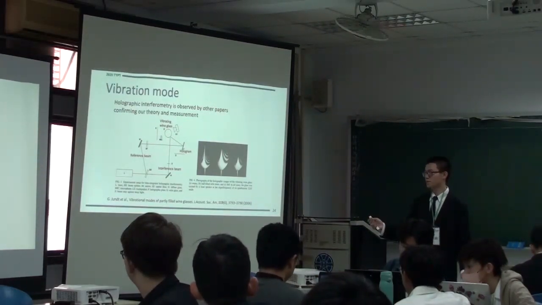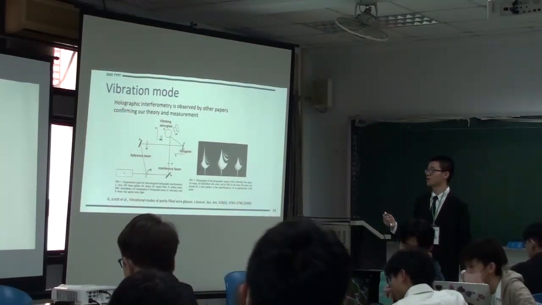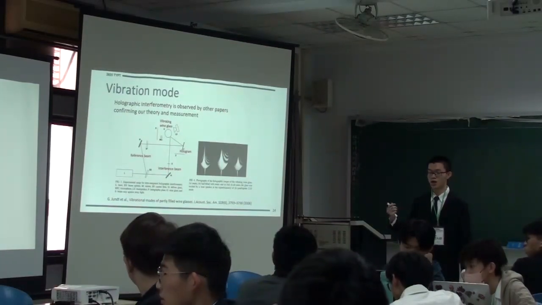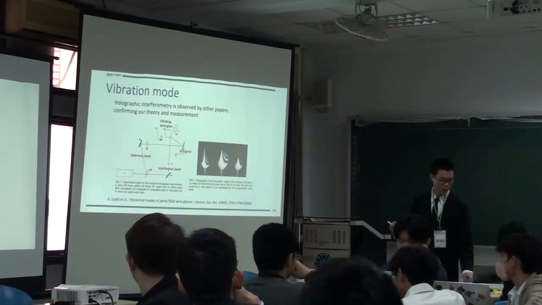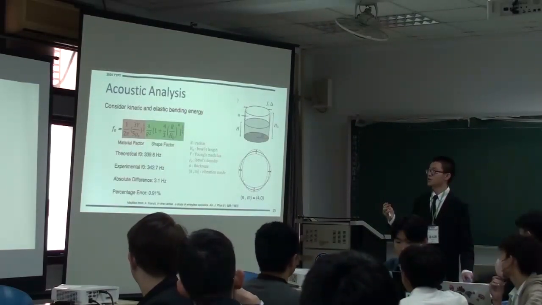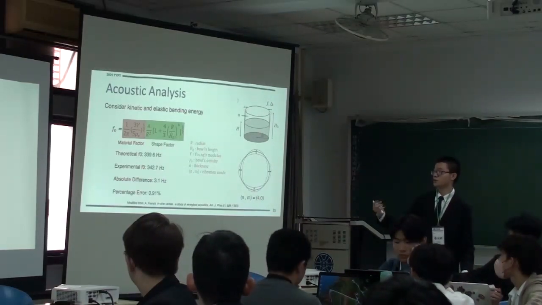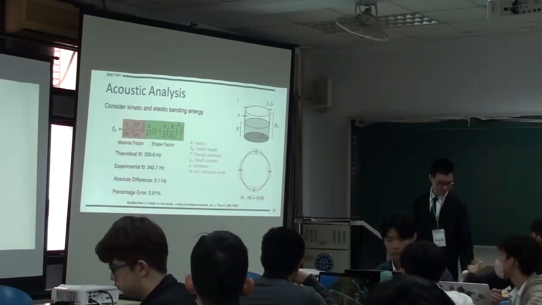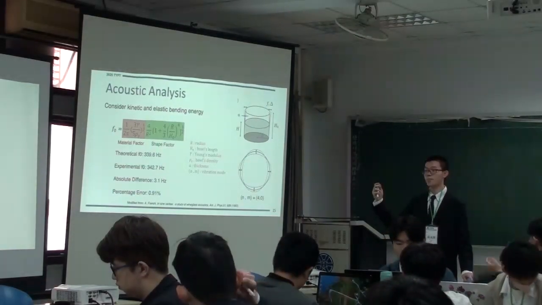In the theory, the author uses holographic interferometry to see the vibration mode in this experiment. He also considered the kinetic energy and elastic bending wave, the material factor, and the shape factor. And I also fit our experiment data to the formula.